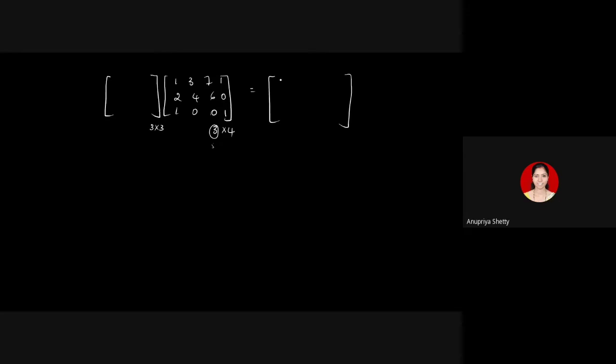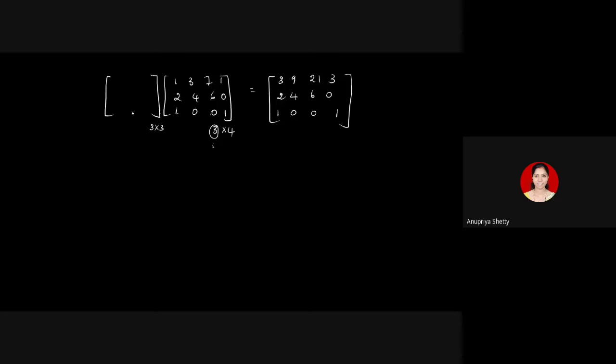Now I want the resulting matrix to have the same second and third rows, but the first row, which is 1 3 7 1, I want it to be 3 9 21 3.